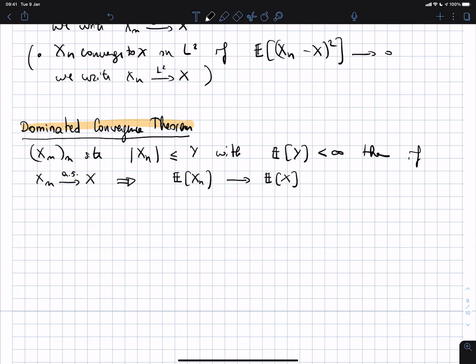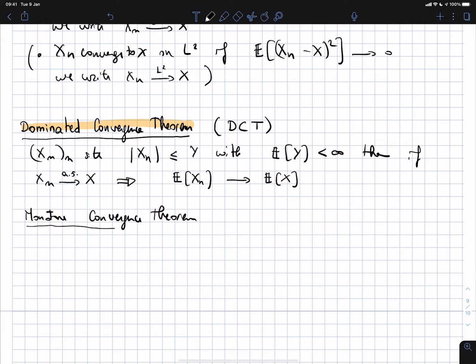Second theorem that is very useful is the monotone convergence theorem. I won't be using it very often, but I might be using it sometimes, and I'll call it the MCT.